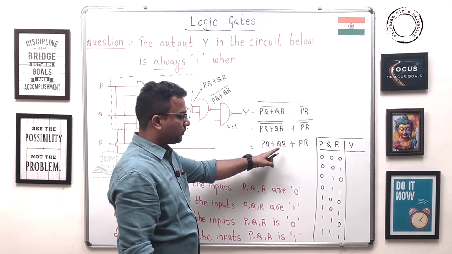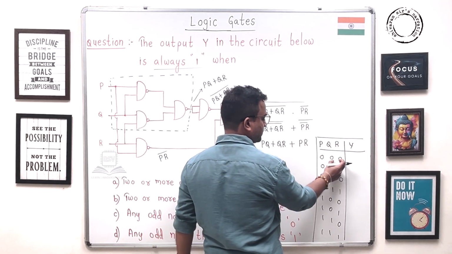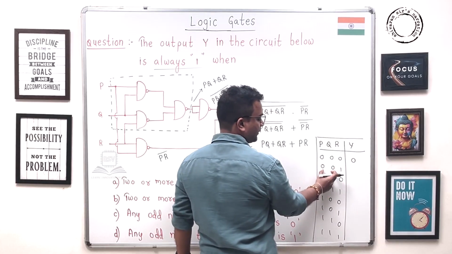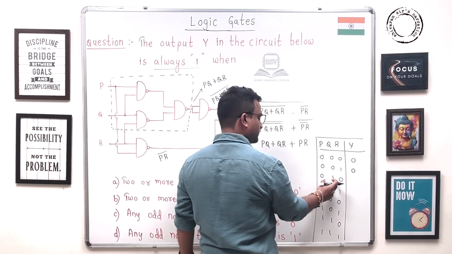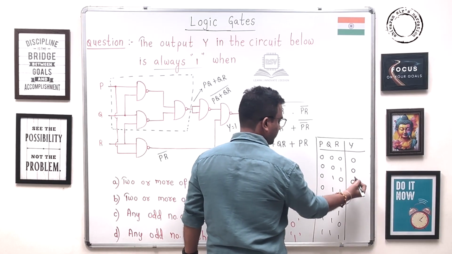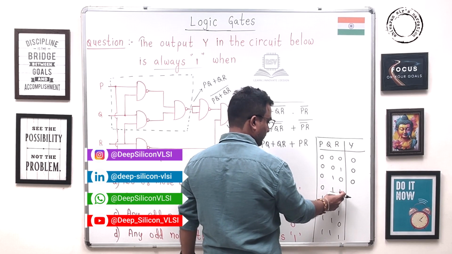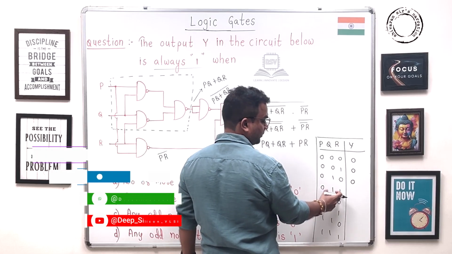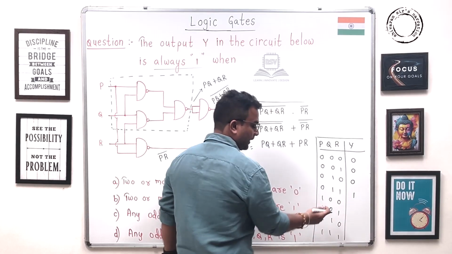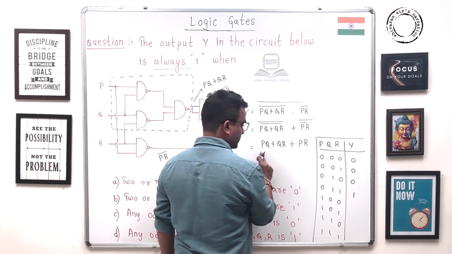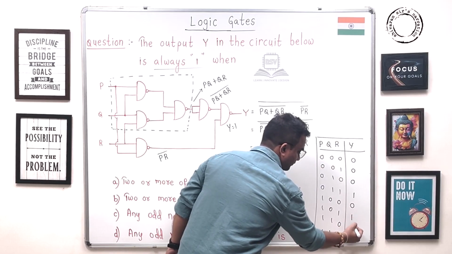Now, if you take PQ plus QR plus PR, for 000 it is 0 into 0, 0, 0 into 0, 0, 0 into 0, so 0. Going through each combination, and for 111 it is 1 into 1, 1, again 1 into 1, therefore 1 plus 1 plus 1, it is 1. When you evaluate as per this Boolean expression, you will get the output column as this.